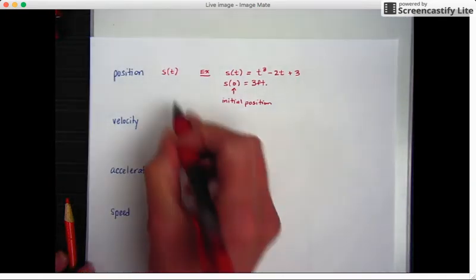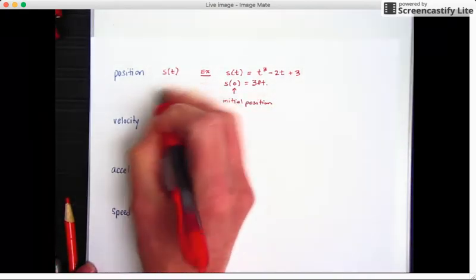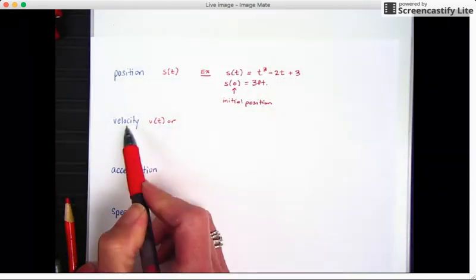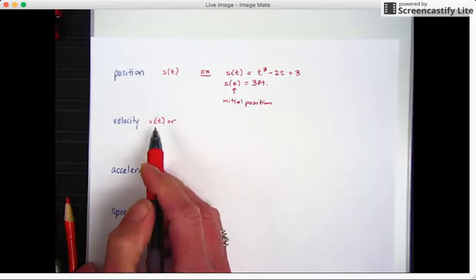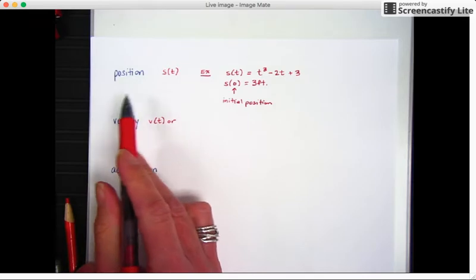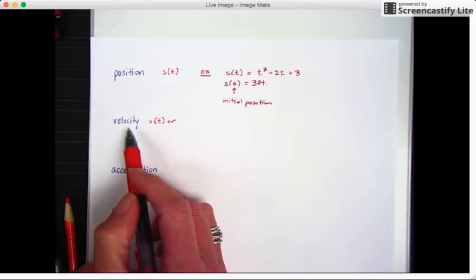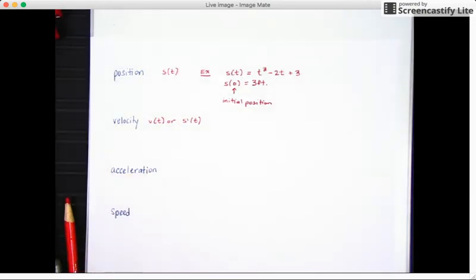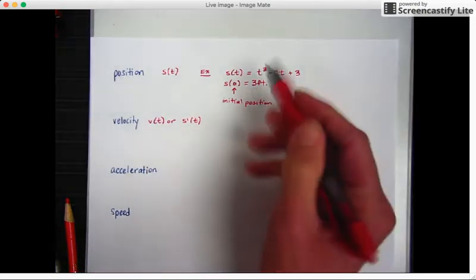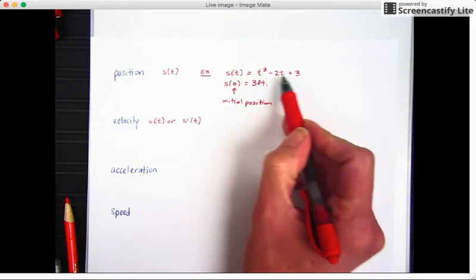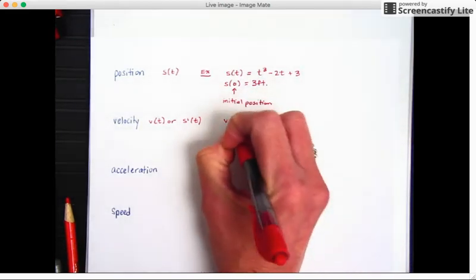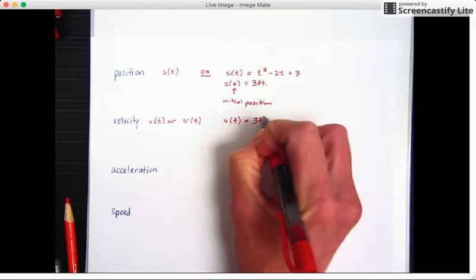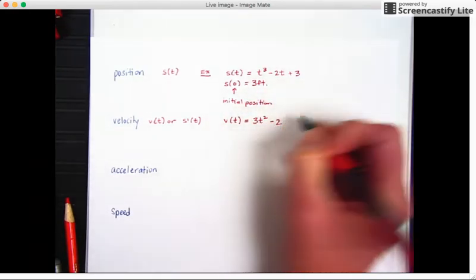So the notation for velocity is v of t, or because velocity measures the rate of change in position over time, that means the velocity function is the derivative of the position function. So if here's my position function, my velocity function would be 3t squared minus 2.